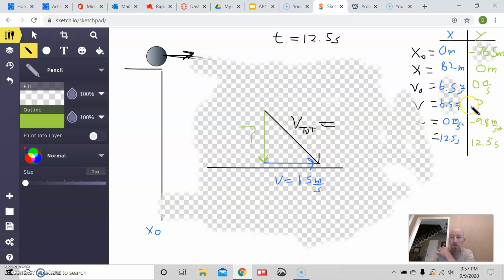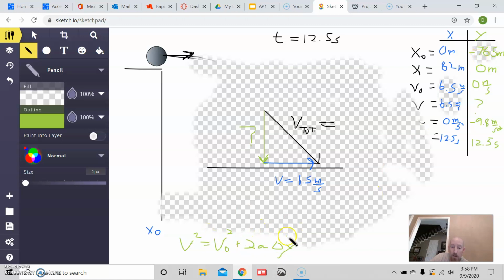So the question is, you're in the y column, what equation are you going to use? Equation number 3, which isn't used a whole lot, but if you look at it, it could really work. V initial in the y was 0. We know what t is, it was a 2. We know what a is, negative 9.8. We know what delta y is, it was negative 765.